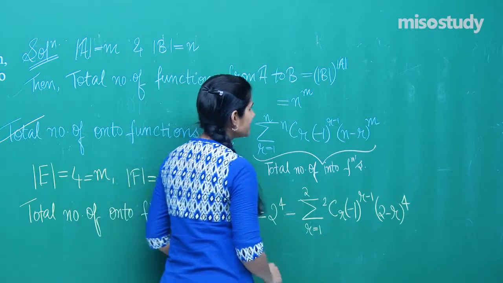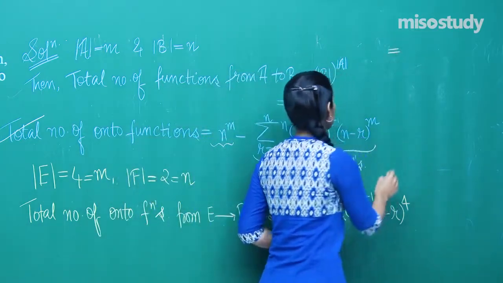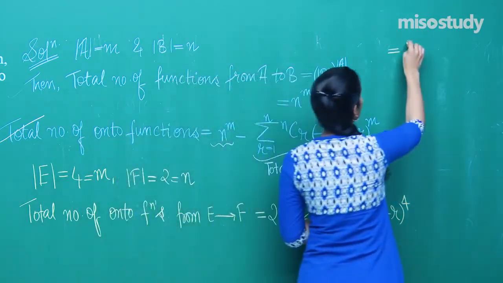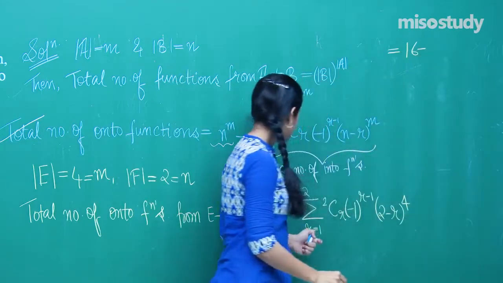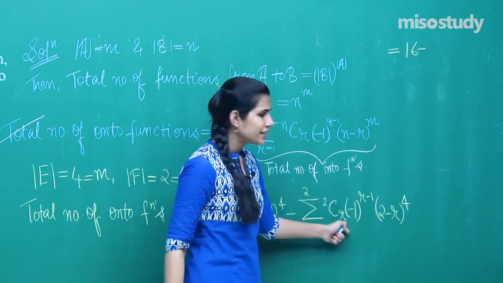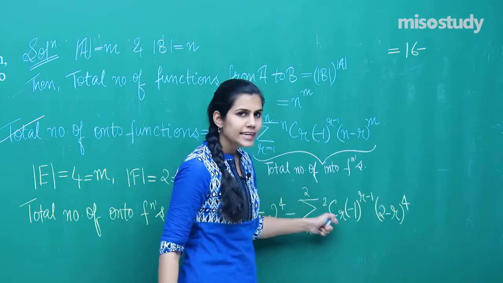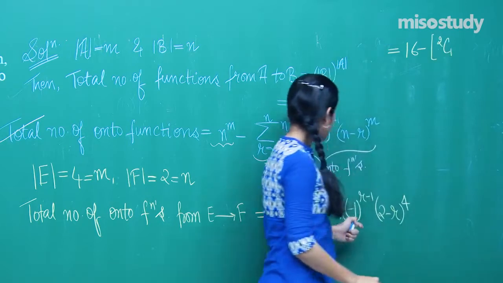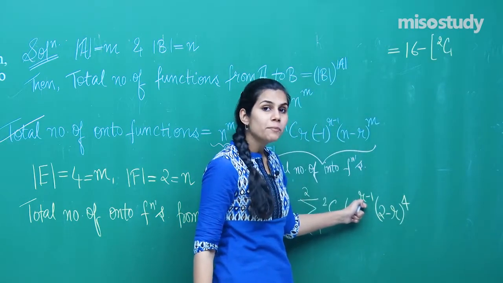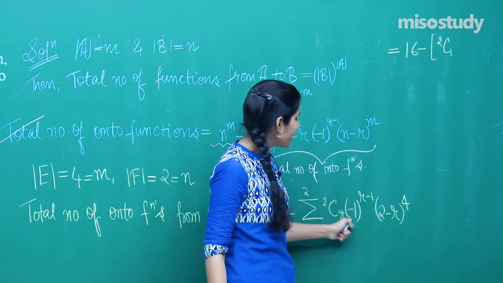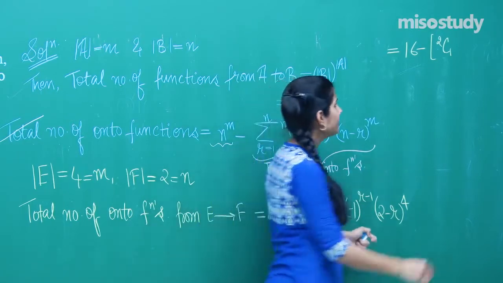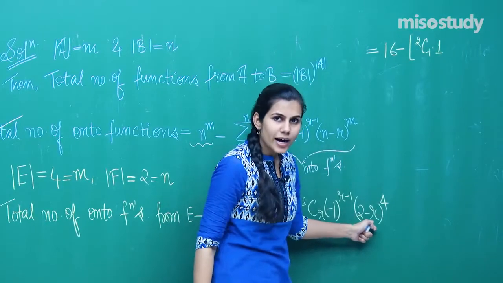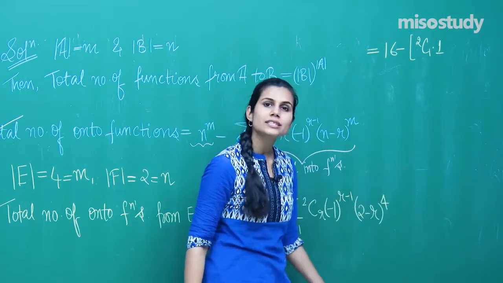And so, what you get is 2 to the power 4 makes it 16, minus, for r equal to 1, what is it that you get? You get 2C1 into (-1) to the power 1 minus 1, which is 0. So, (-1) to the power 0 makes it 1, into (2 minus 1), which is 1. 1 to the power 4 is again 1.